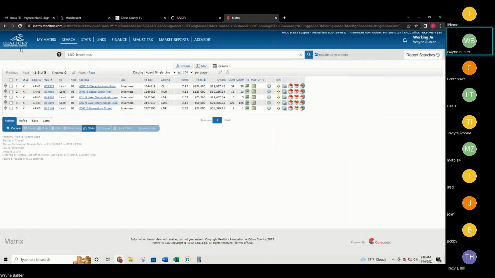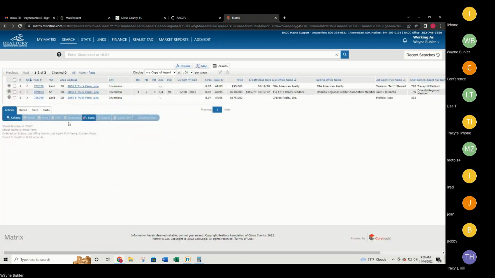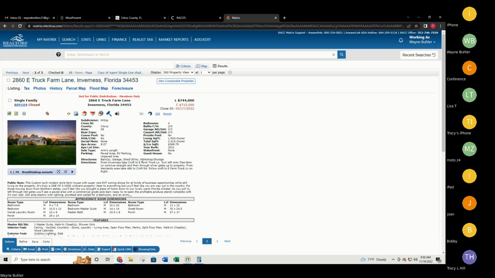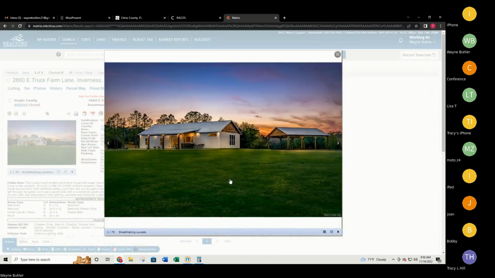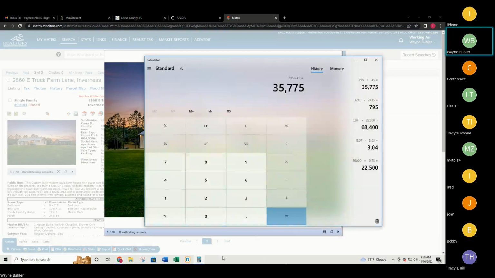Let me just double check. Okay. Yeah. No garage attached. Doesn't look like it has a detached garage either, just a pole barn. So we're going to have fun with that one. We're going to make some adjustments. But 726 square feet is my subject property garage.